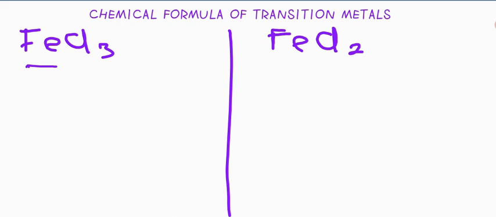After finding out the charge of the transition metal in that compound, we can write the name by writing firstly the name of the metal, then enclosing the charge in a Roman numeral, followed by the non-metallic ion or radical with it.